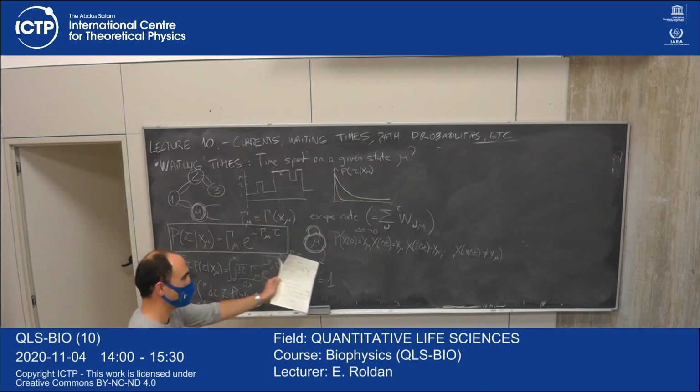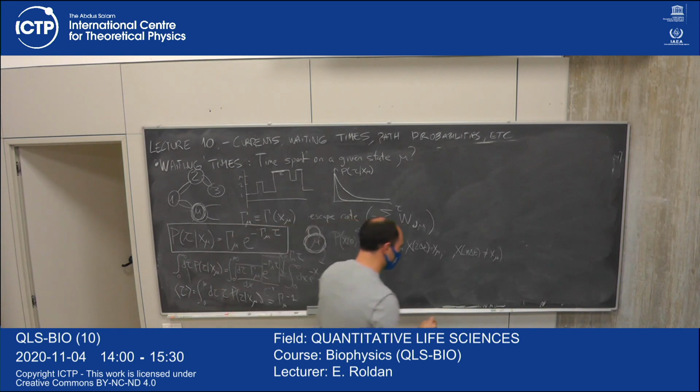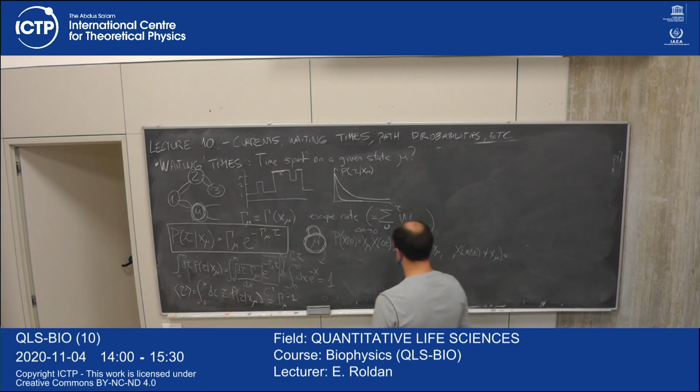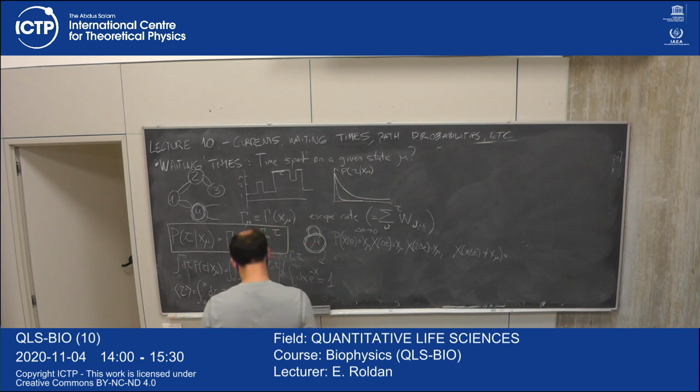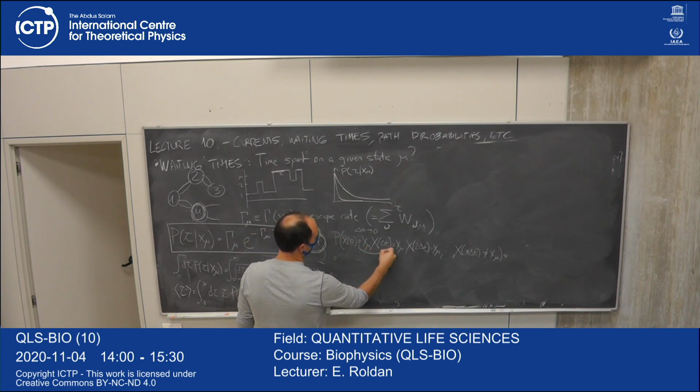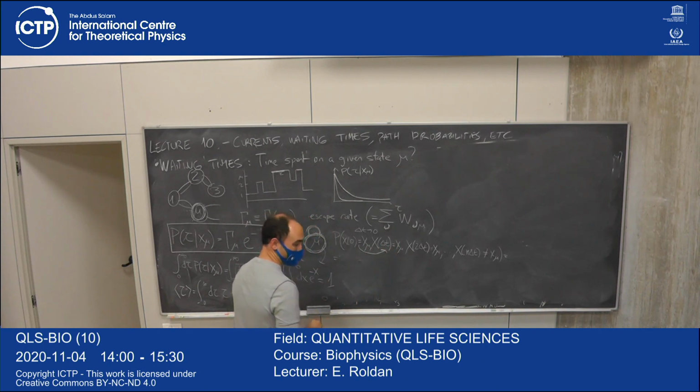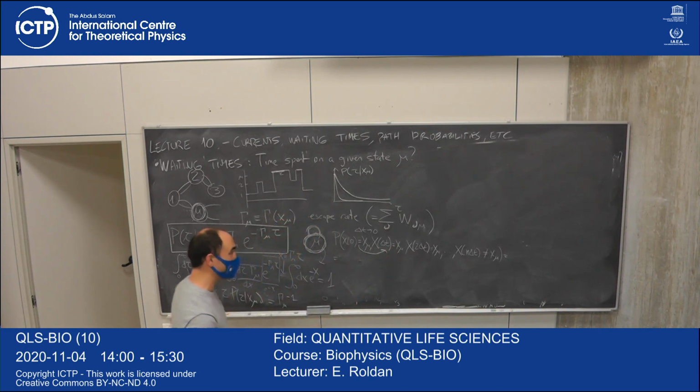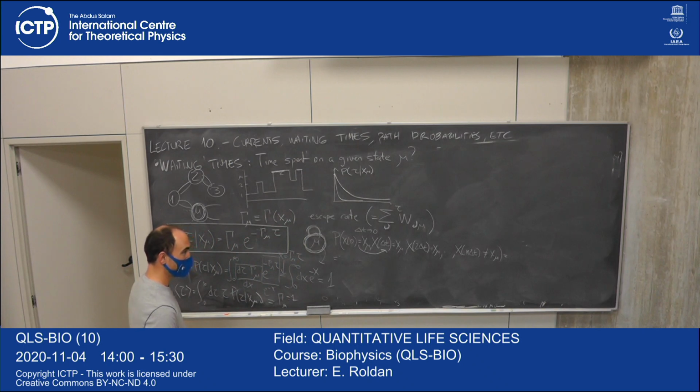So what is this probability? You can think about it as follows. First, in this time step, I don't jump. So in delta t, I don't jump.